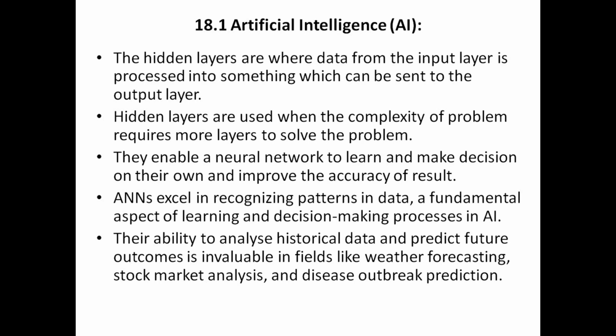Hidden layers are used when the complexity of the problem requires more than one layer to solve it. They enable a neural network to learn and make decisions on its own and improve accuracy. They excel in recognizing patterns in data, a fundamental aspect of learning and decision making.